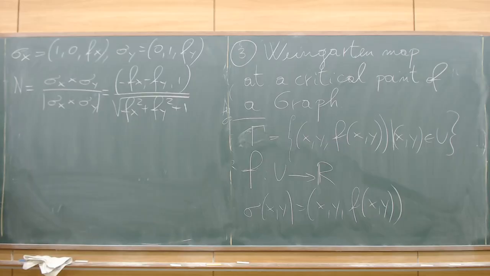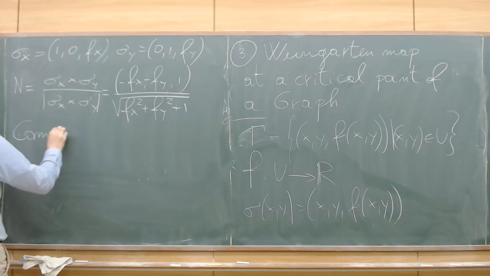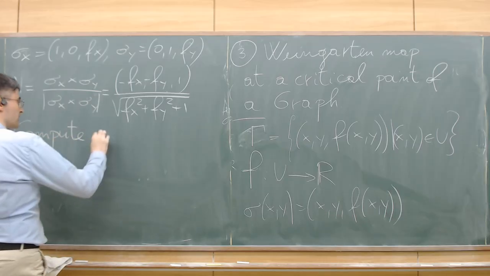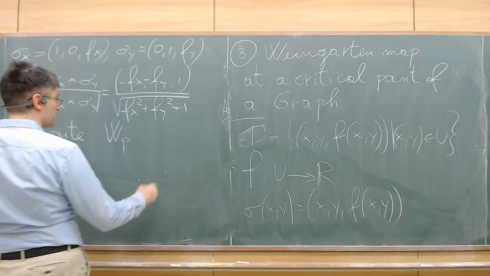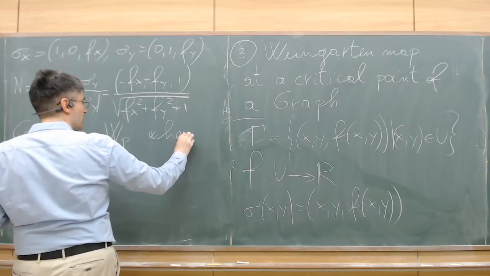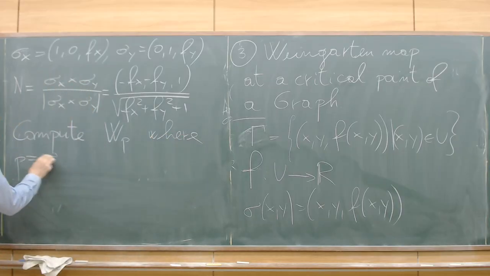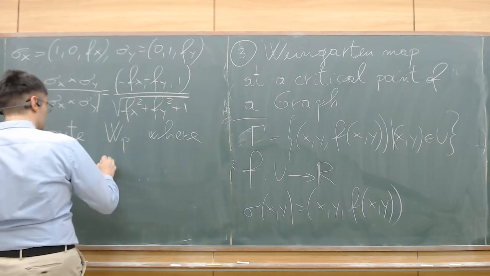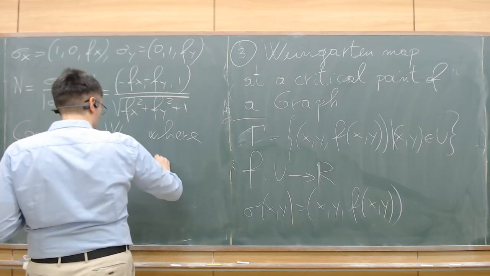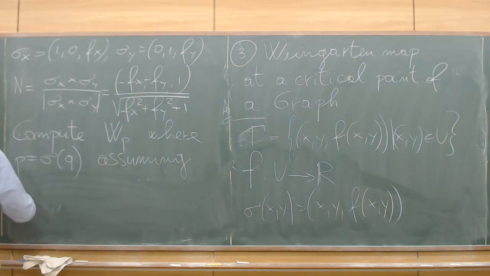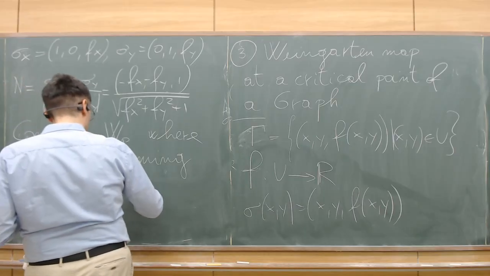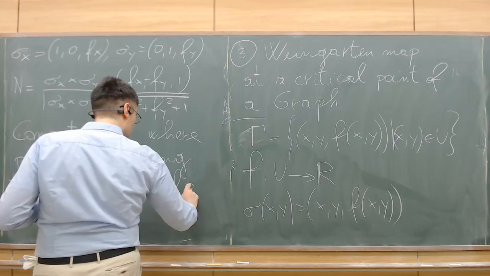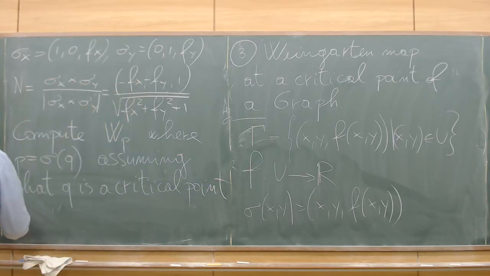Now we want to compute WP, where P equals sigma of Q, assuming that Q is a critical point for f.